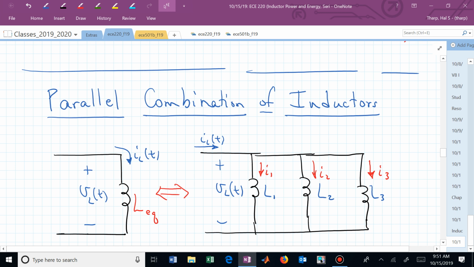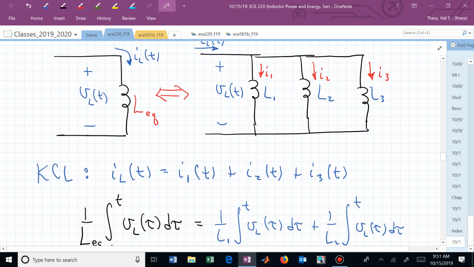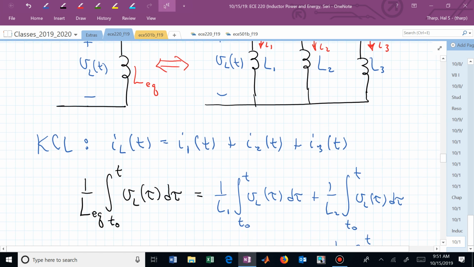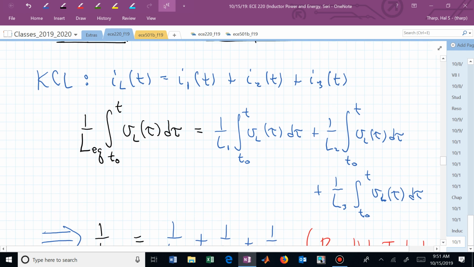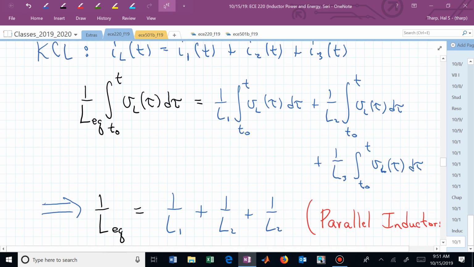And I1, I2, and I3, I'm neglecting the initial conditions, but you can't. If they actually exist, you have to keep track of them. But here, just to keep things clean, I'm not keeping track of the initial conditions. I just want to find the relationship between these parallel inductors. And you can see that since they are in parallel, the voltage across those inductors is the same. The integral of that voltage will be the same in all three terms. And that allows you now to factor out that integral and see what is scaling that integral.